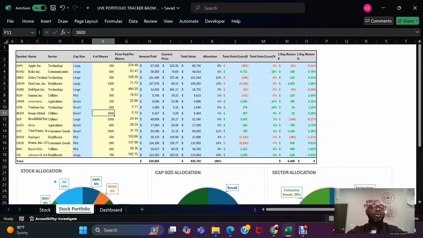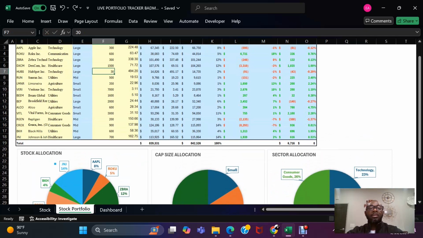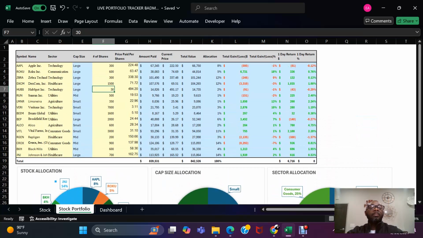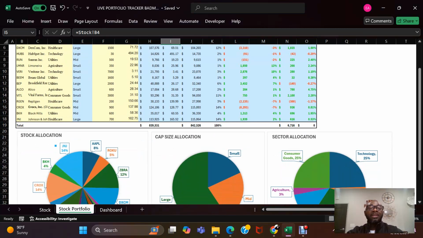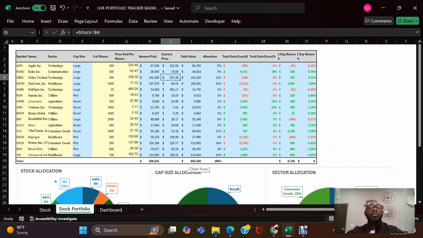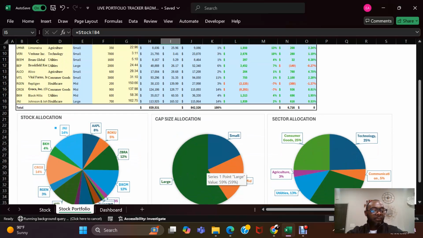If the price changes, we are going to have those changes. If we increase the number of shares, we see the changes again across the line. And if the current price changes, the portfolio is going to update itself, and all the charts are also going to update themselves.